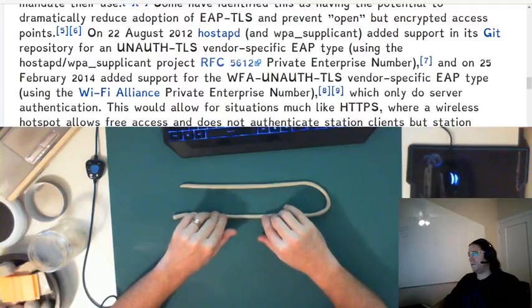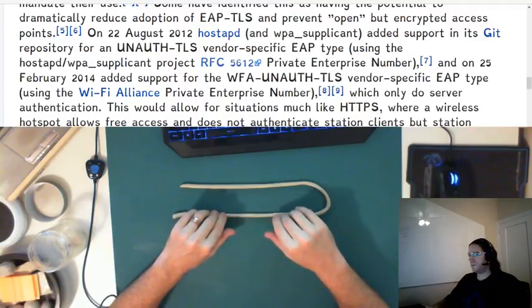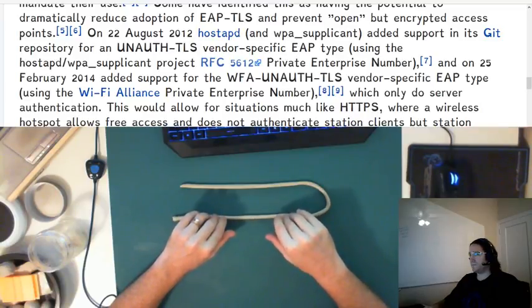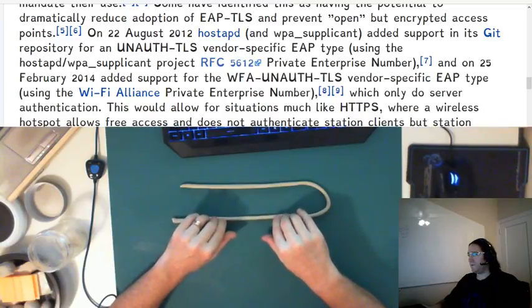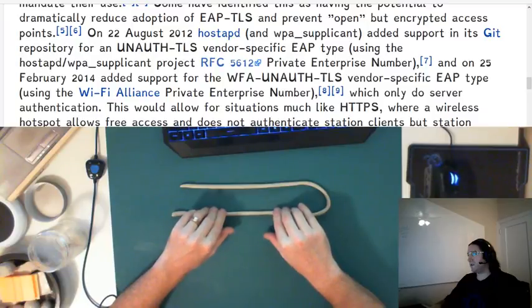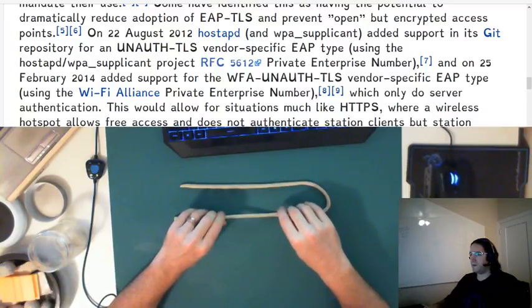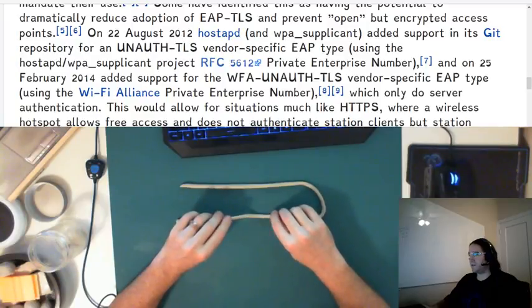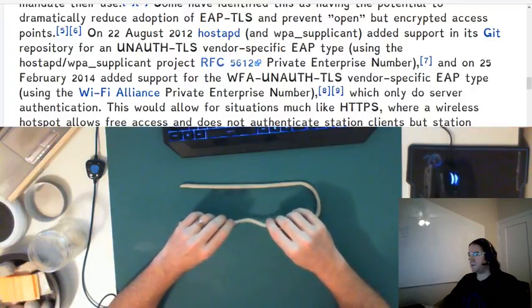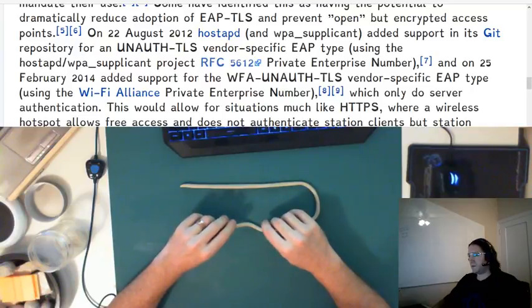I don't know. I don't need to know that. Which only does server authentication. This would allow for situations much like HTTPS where a wireless hotspot allows free access and does not authenticate station clients, but station clients wish to use encryption and potentially authenticate the wireless hotspot.